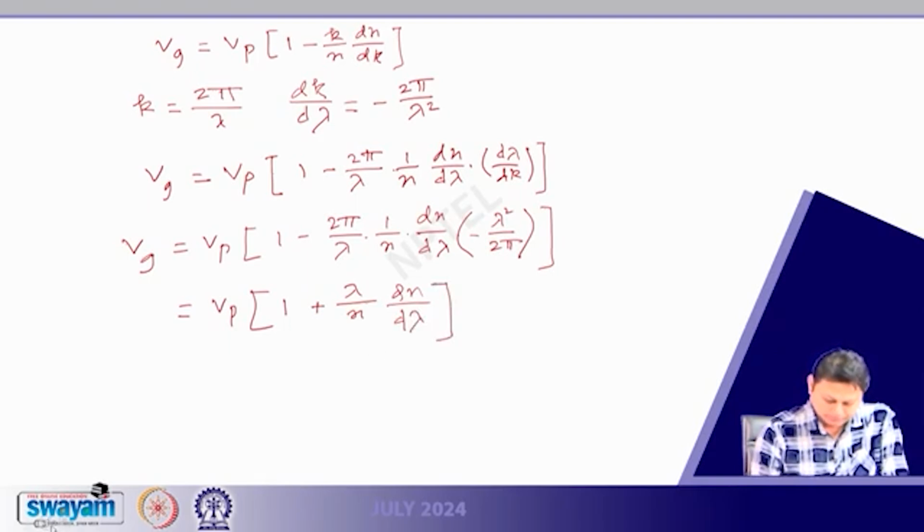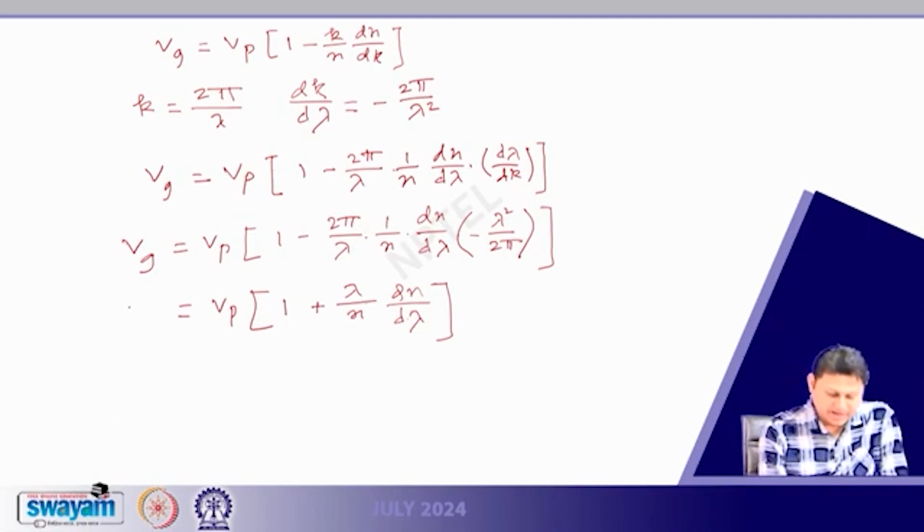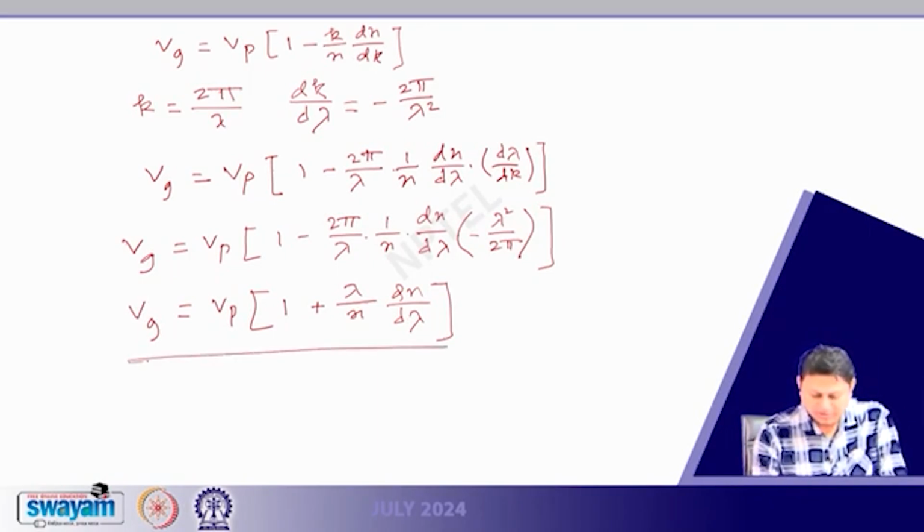So, we have dn d lambda. So, this is the expression we have, which shows how the quantity Vg and Vp are related to each other, that is the group velocity and phase velocity is related to each other.